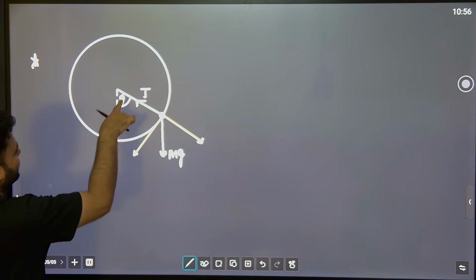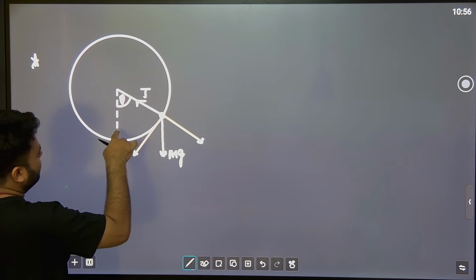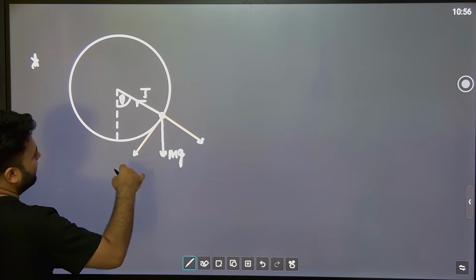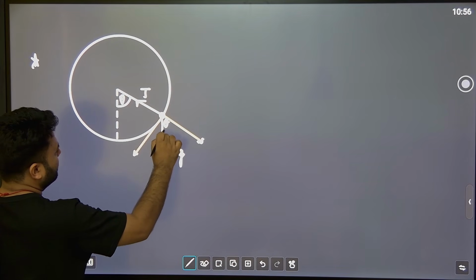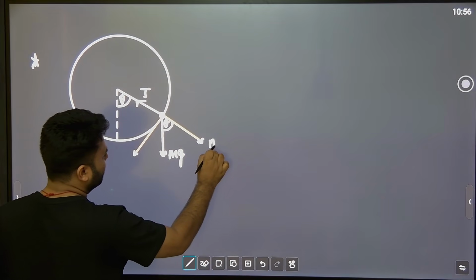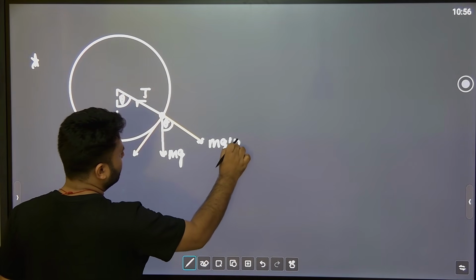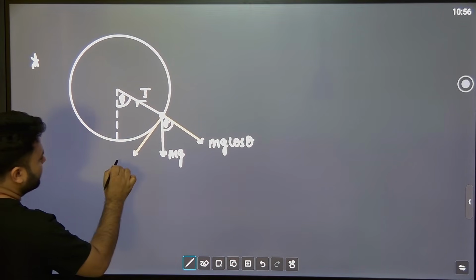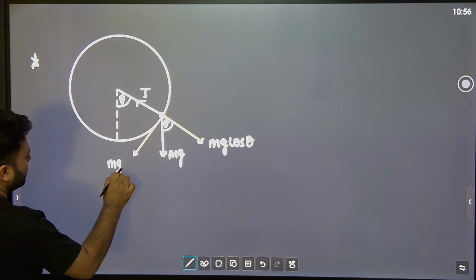Since this angle is theta and this dotted line and this line are parallel, this angle will also be theta. And if this is mg, this component will be mg cos theta, and this component will be mg sin theta.